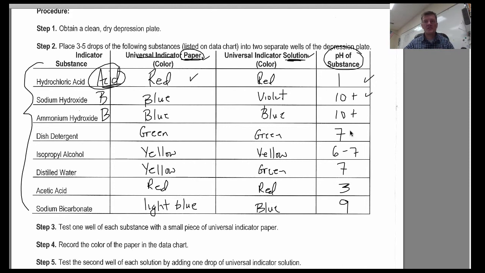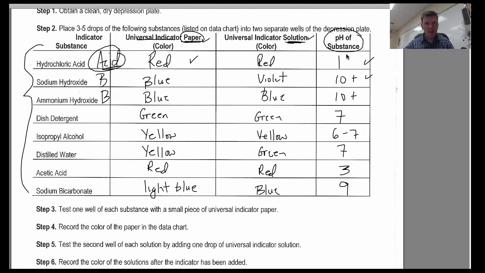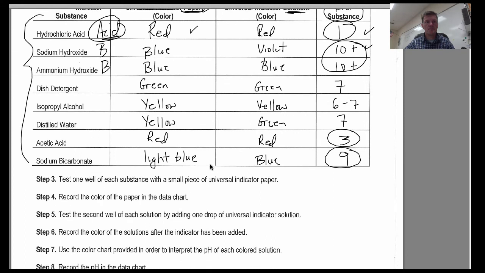Now notice, low pH is acidic, 1, 3, that's acidic. High pH, 10, 9 is basic. Low pH is acidic.